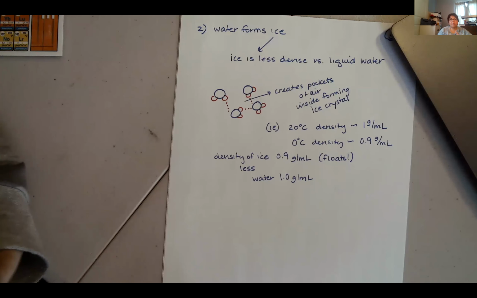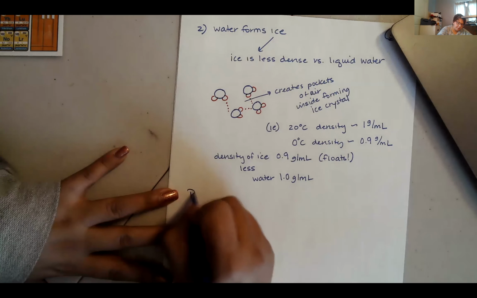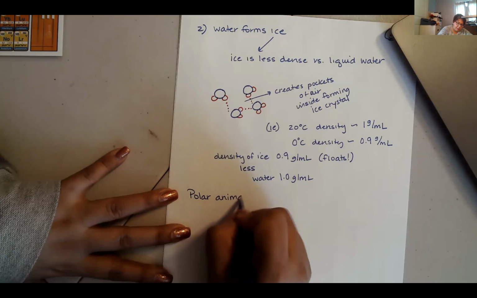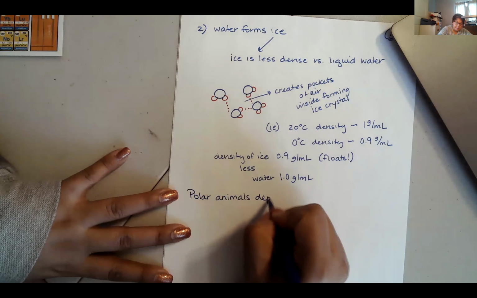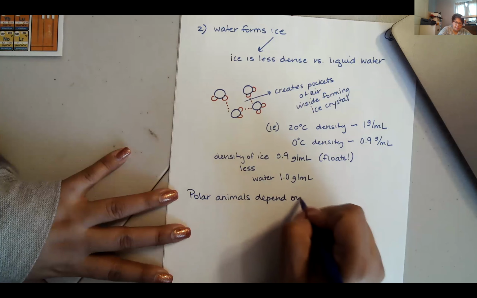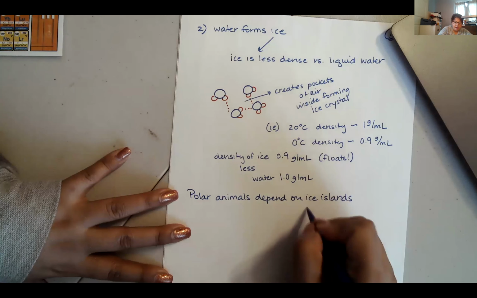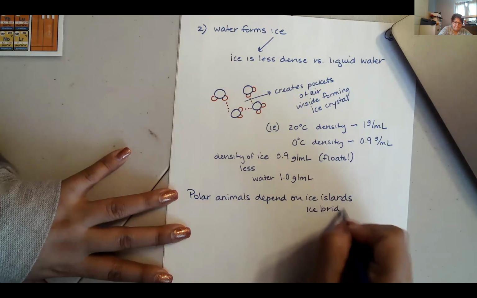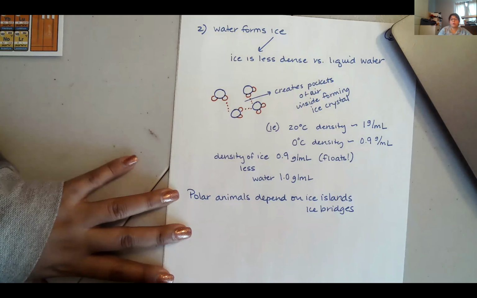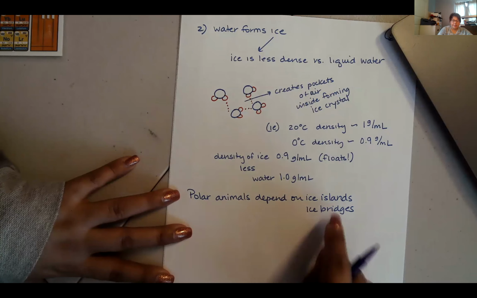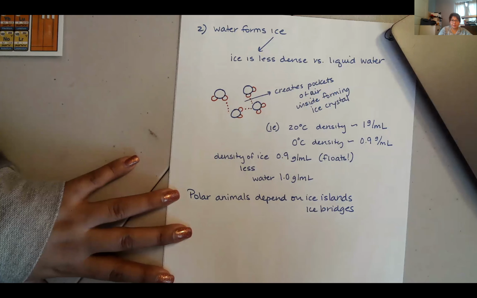If you think of all of the animals, especially in polar regions, they depend on ice islands and ice bridges in order to live out part of their life cycle, maybe when they swim out to sea to go fishing.